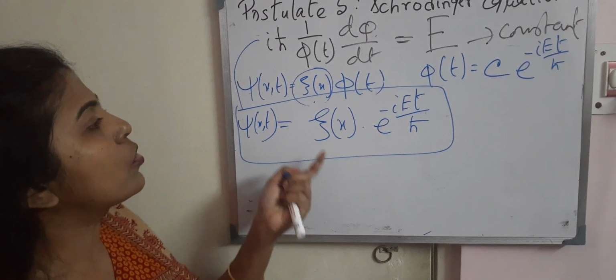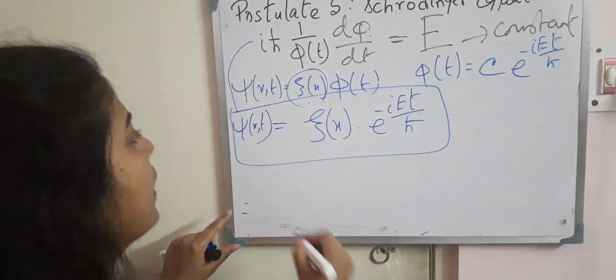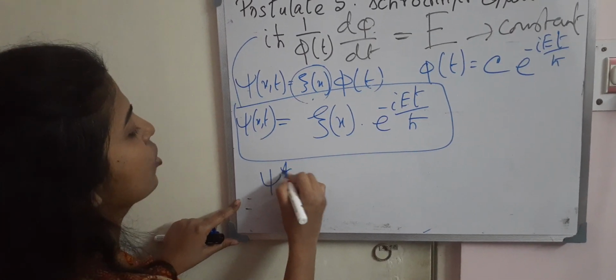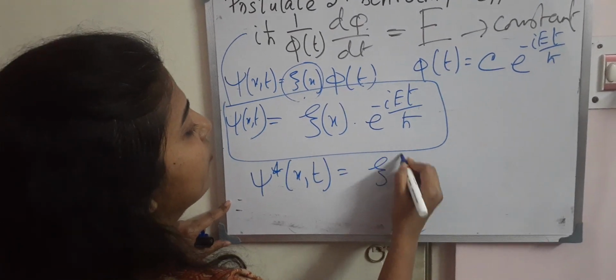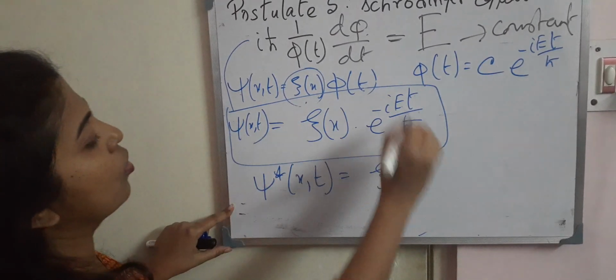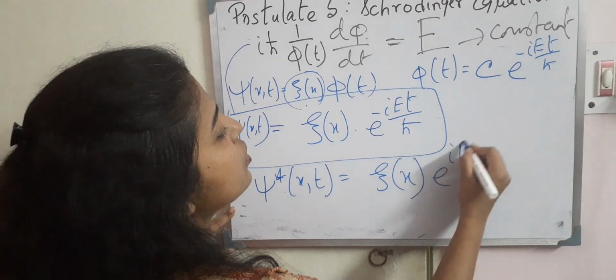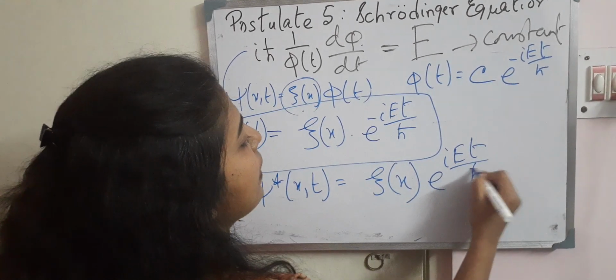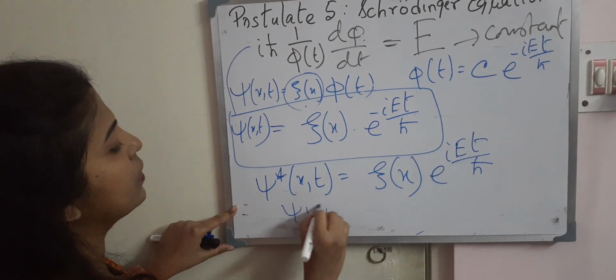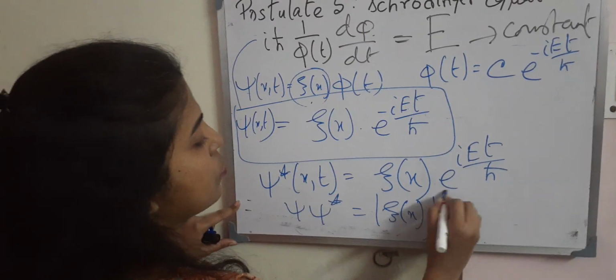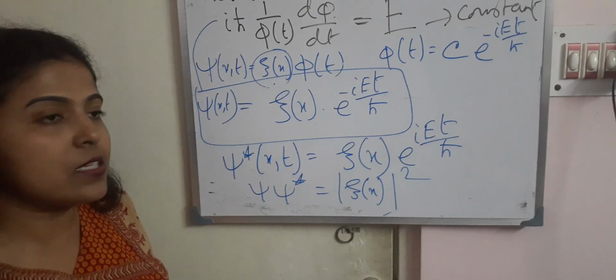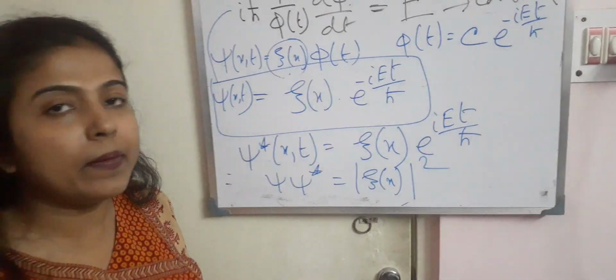Now just note one interesting thing from here. If I take the conjugate of this function, of course the imaginary part will change sign, and if you multiply psi into psi star, you will get mod psi x square. And what does psi star psi represent? It is the probability density.